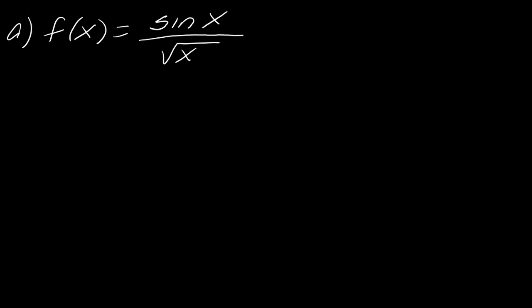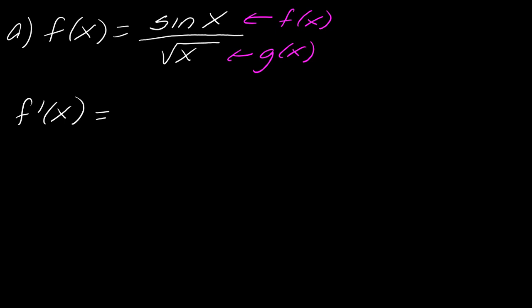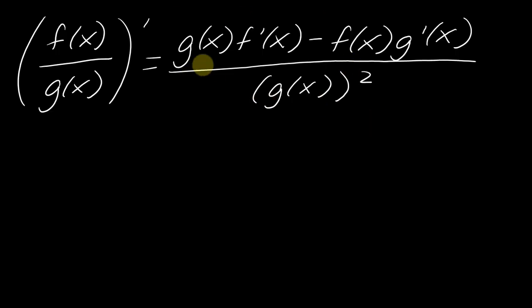So starting here with A, to take the derivative, as I kind of remind myself, I'm going to go ahead and just write out the general format of the derivative. I'm going to note that this is the f of x in my formula, and this is the g of x in my formula. Now don't confuse that with the derivative that I'm taking over here, but I do just want to restate the quotient rule.